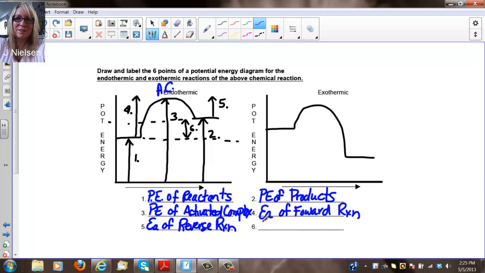And 6 is the heat of reaction, also known as delta H. And we calculate delta H, P minus R, products minus reactants, potential energy of the products minus potential energy of the reactants. So I'm also going to label those over here on this. It's the same thing. This is now 1.